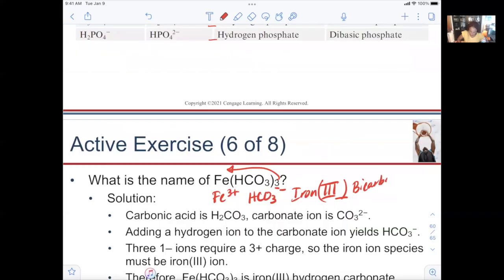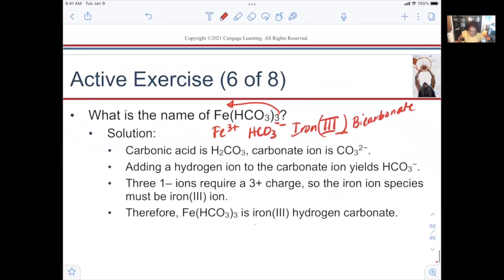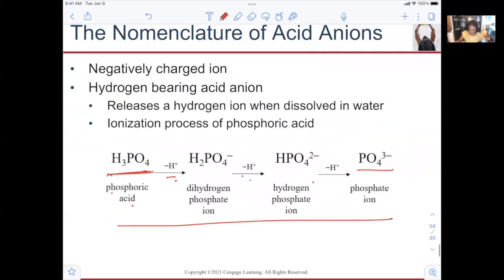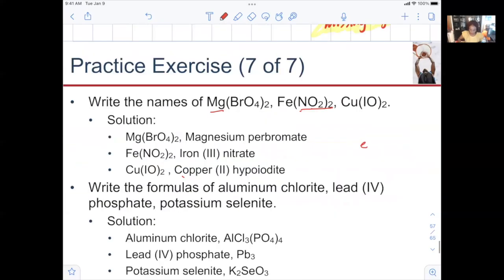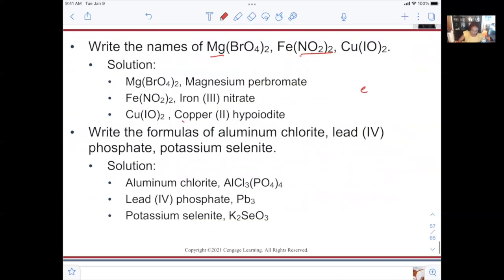Iron 3 bicarbonate, or hydrogen carbonate. Then we're not going to be going over that part. This is the last part that I have. Oh, I have this part left, and that's it. I'm done with the whole chapter. Okay. Magnesium is ionic A, so I'm going to only have 2 parts. This is ionic B. This is ionic B.